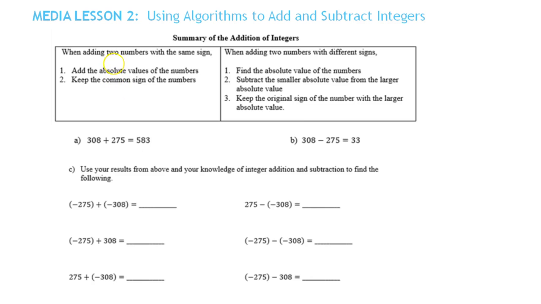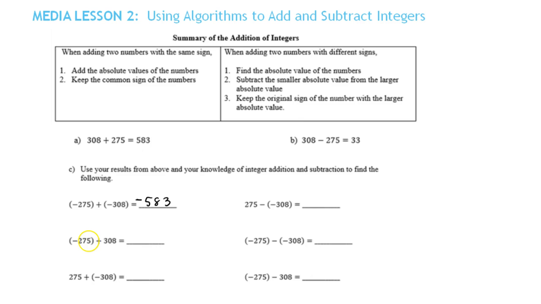So when adding two numbers with the same sign, so that's what we're doing here, they're both negative, add the absolute values of the numbers. Well, that result is 583, and keep the common sign of the numbers. Well, both of the numbers were negative, so this is negative 583.